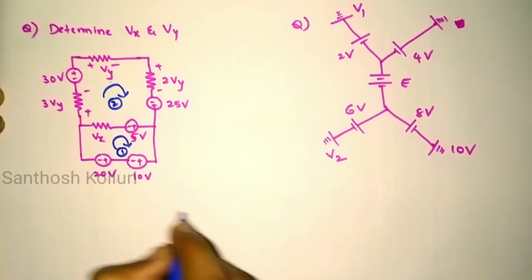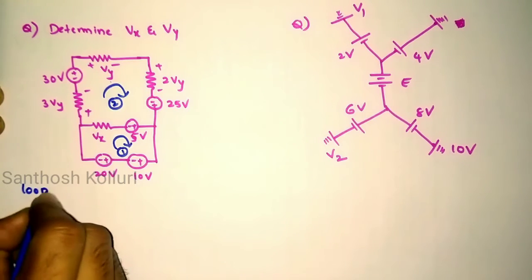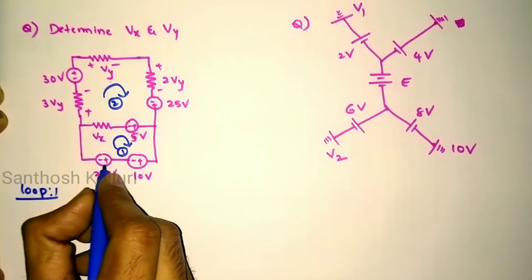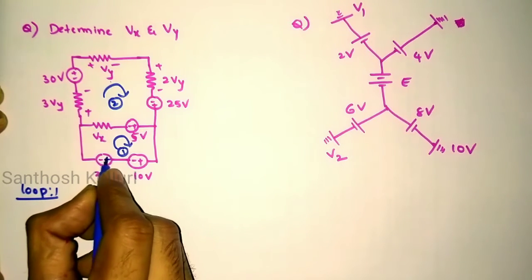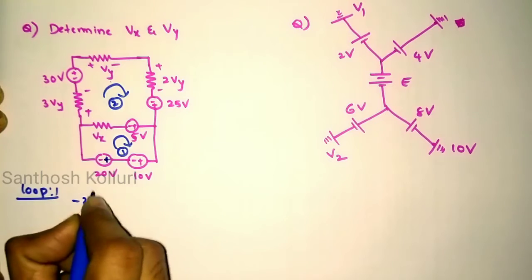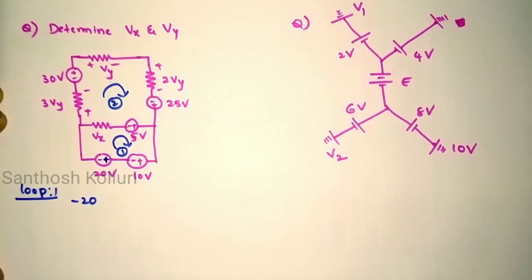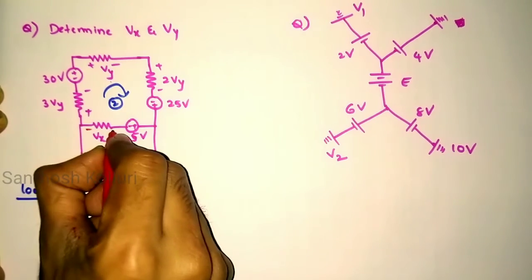So apply the KVL in loop number 1. I'm taking reverse polarity. If positive is there, I'm taking negative, minus 20, and here the polarity is already given, minus plus.